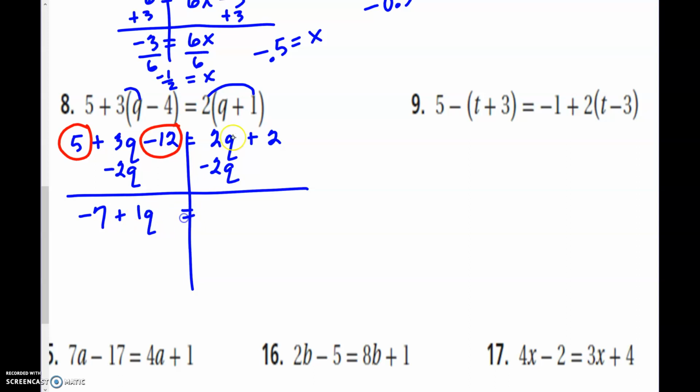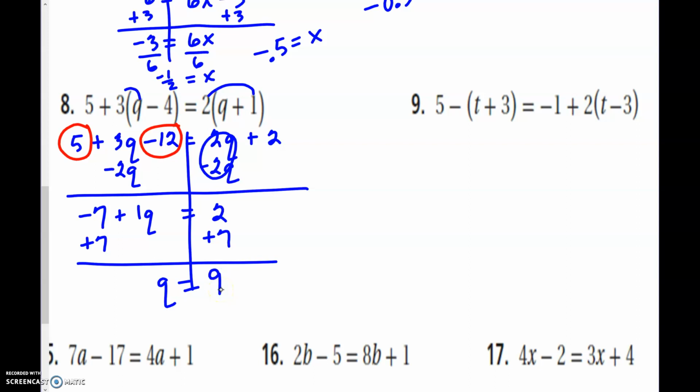And on this right-hand side, these 2q's cancel, and I'm left with 2. All right, that number that we have to move over here is a -7, and the opposite of a -7 is adding 7. So I'm going to add 7 to both sides. Now this says 1q, and we know mathematicians let us drop that 1, so I'm just going to write q equals, and 2 plus 7 is 9.